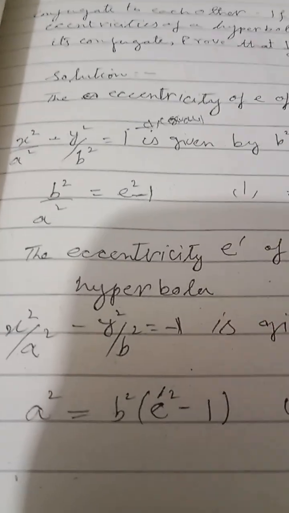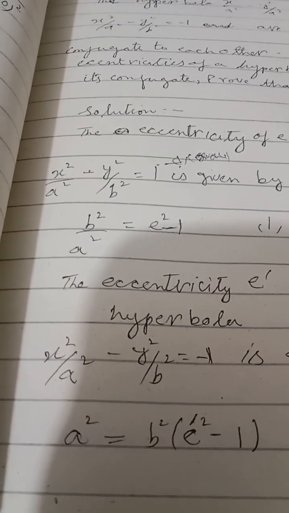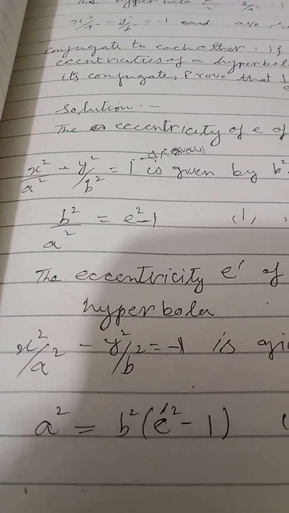Solution. Eccentricity is a point of a hyperbola, parabola or ellipse, related to the minor axis and the major axis.